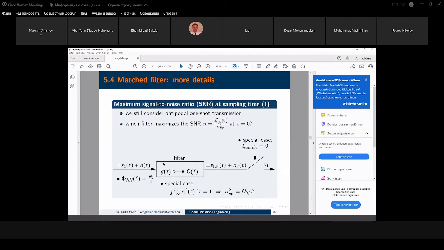Now I assume a special case for this figure, that this impulse response is just my c1 of minus t. So I skip this Tb minus t. This would mean the output of this filter would look exactly like the signal component, as the autocorrelation function of the signal and not the shifted version.